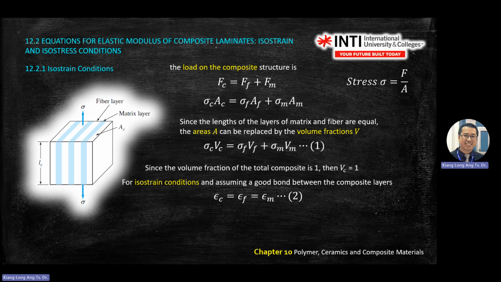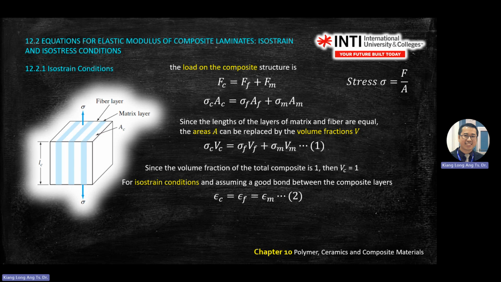You will get a strain of composite equal to fiber equal to matrix. Under isostrain, you need to write this equation. It means the deformation of the total composite will be the same as experienced by the fiber, and the same as the matrix.